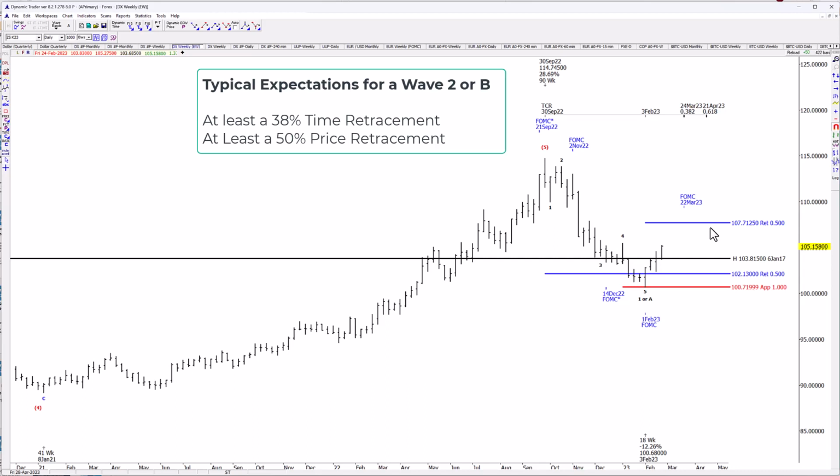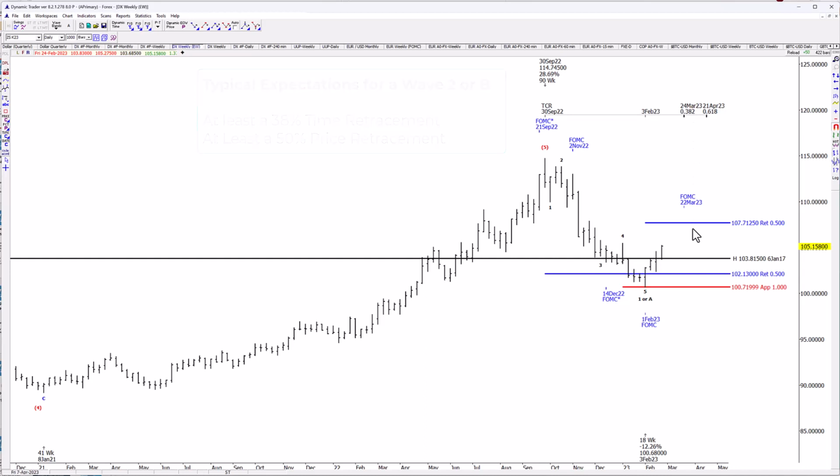We can narrow down that price target zone as the weeks carry on, if indeed the dollar is sideways to up. But that's a minimum expectation for this wave 2 or B correction. 50% price retracement, 38% time retracement.